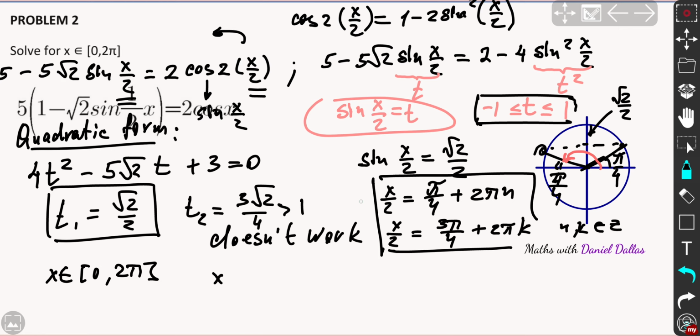So I multiply both parts by 2, and that's how I get the x value from the first one. It's going to be pi over 2 plus 4 pi n, and for x2, I will also have 3 pi over 2, because 2 and 4 will be cancelled, plus 4 pi k.